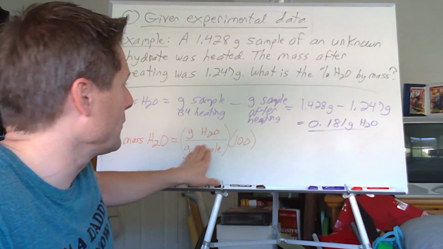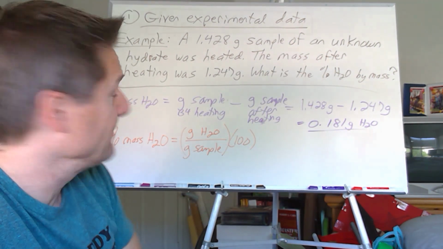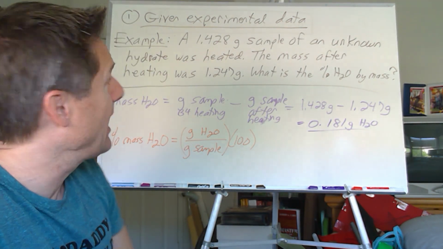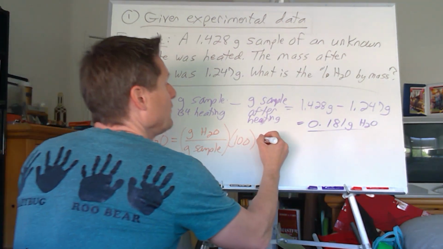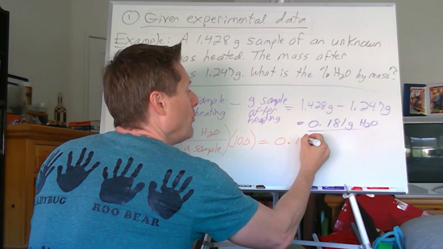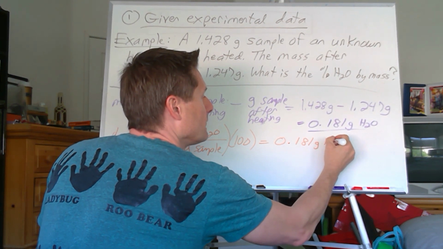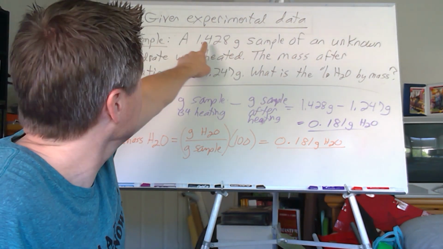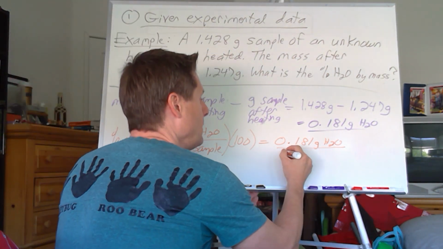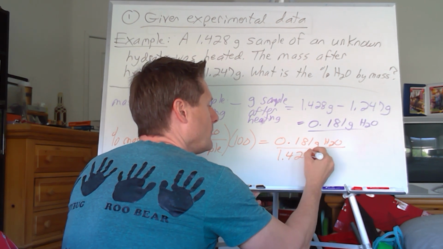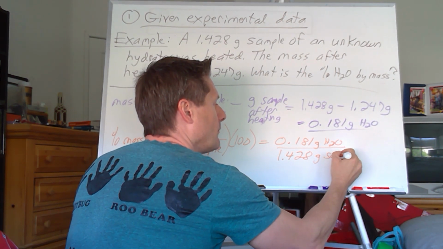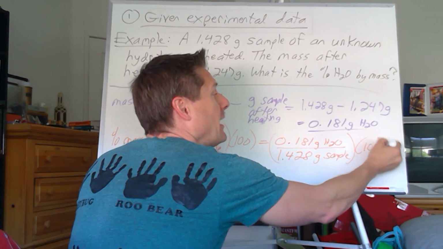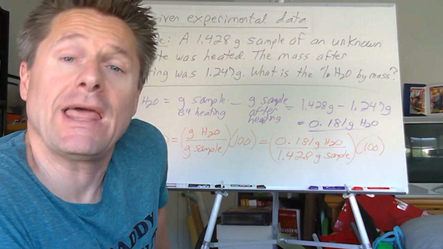That 100 is exact, so we're limited by the significant digits of our masses. And again, that's the sample originally. That's the hydrated sample, not the dehydrated sample. So the grams of the water, 0.181 grams, over the grams of the sample originally, 1.428 grams. And then let's multiply that by 100 to get it into a percentage, right?